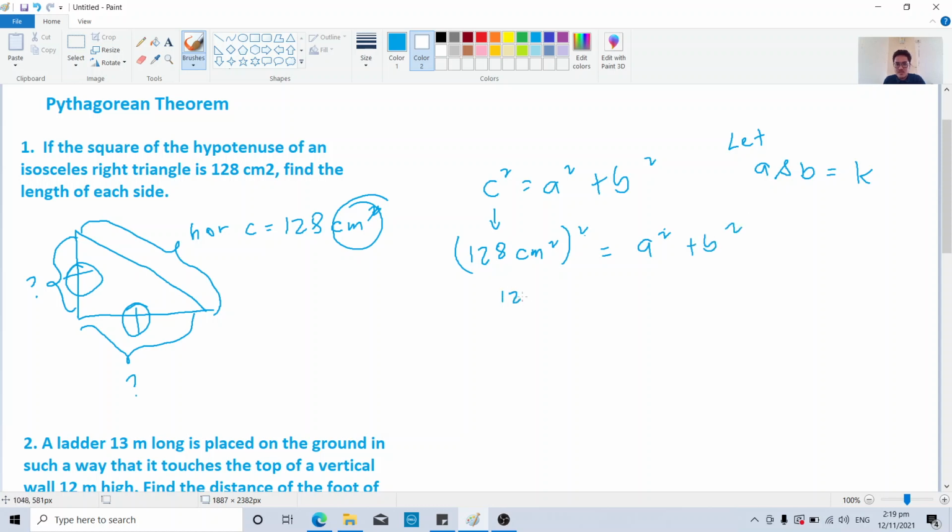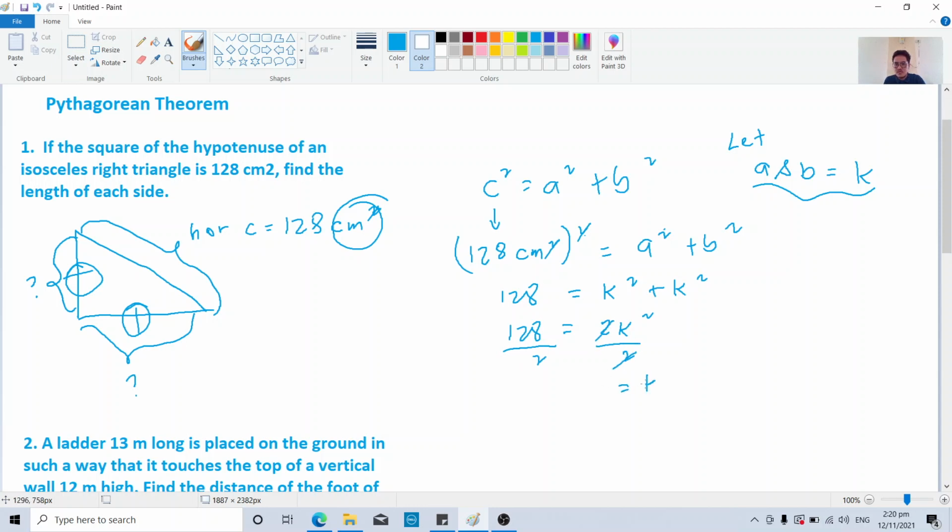The 128 remains, the units cancel. Then it is equal to A squared plus B squared. Since we let them equal K, we have K squared plus K squared. Then 128 is equal to K squared plus K squared, that is 2K squared. Then divide both sides by 2. By 2, cancel, cancel.